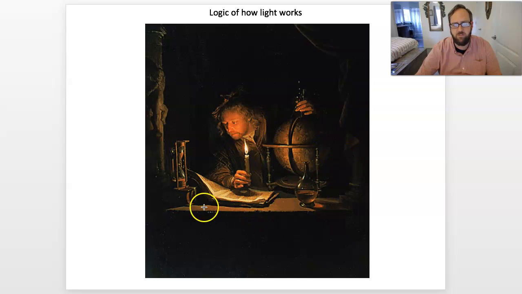It does this with almost everything, but not so much with things like the wood of the desk or things like that, things that absorb more light. And it bounces around the environment. That's because it travels in a straight line.